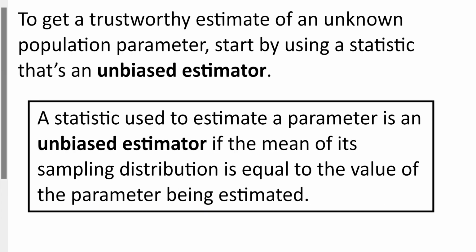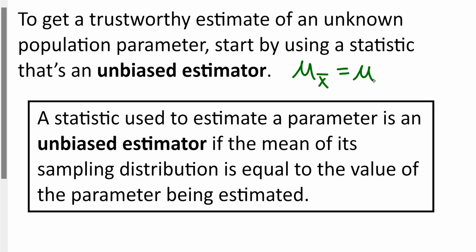Now, to get a truly trustworthy estimate of an unknown population parameter, we want to start by using a statistic that's considered an unbiased estimator. A statistic used to estimate a parameter is an unbiased estimator if the mean of its sampling distribution, so if you're trying to find the mean of all those means that we just talked about, is equal to the actual mean.